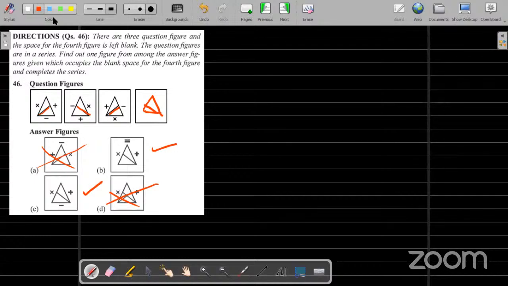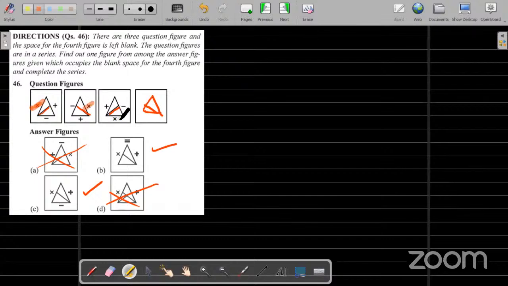For that, consider only one symbol at a time. The multiplication sign in the first diagram is on the left side. In the second diagram, it goes to the right side.